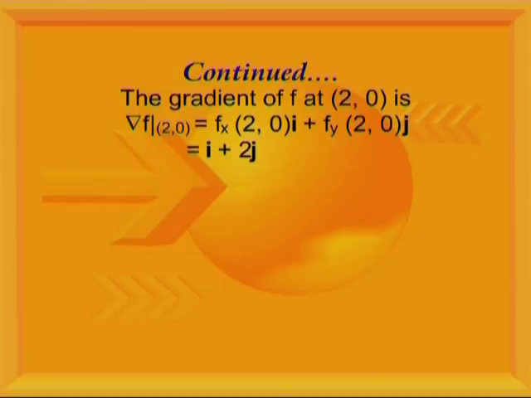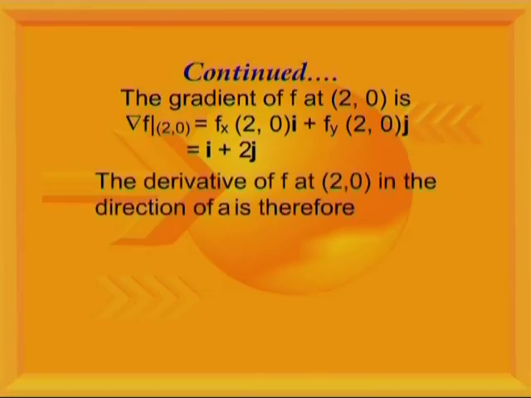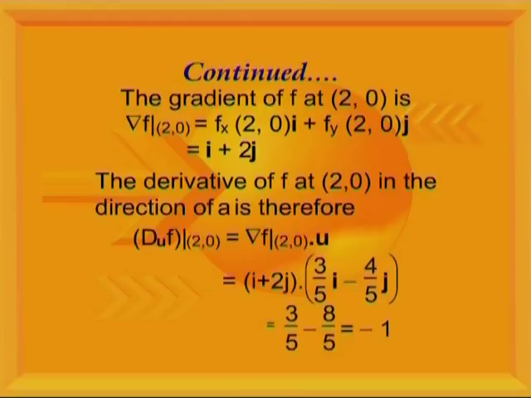The directional derivative of f at (2, 0) in the direction of a, that is in the direction of u, is therefore equal to del f dot u, which is equal to i plus 2j dot 3 over 5 i minus 4 over 5 j, which is equal to 3 over 5 minus 8 over 5, is equal to minus 1.